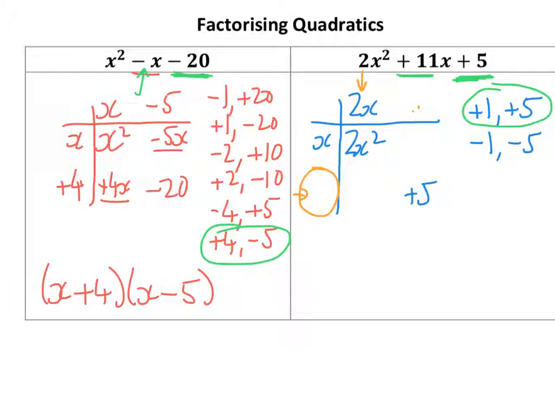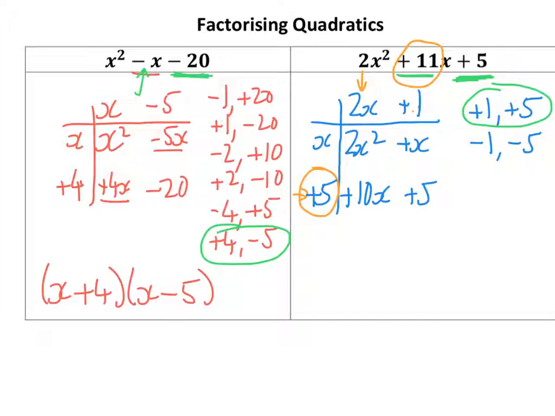So I suggest that I put the plus 5 here and the plus 1 here. If you do this in pencil initially, you can always try something and change it if it doesn't work. But I know that's going to work because I've got 2x times plus 5, which is plus 10x, and I've got x times 1, which gives me x, and those two add to make the plus 11, which I need here.